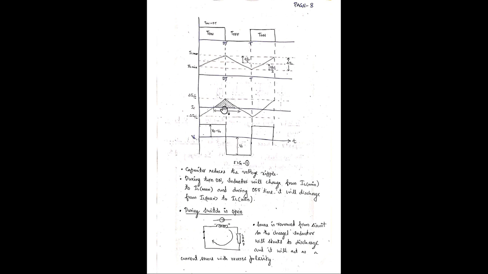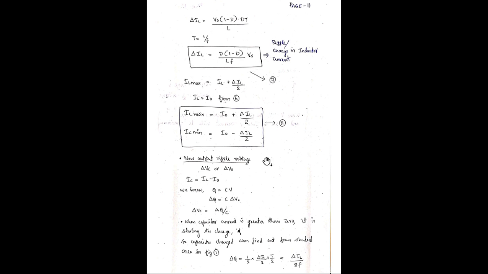Area of triangle means half into b into h: half into base, t by 2, into height, ΔIL by 2. So here we get the stored charge in that capacitor, ΔQ, equal to half into ΔIL by 2 into T by 2, which is equal to ΔIL divided by 8F.